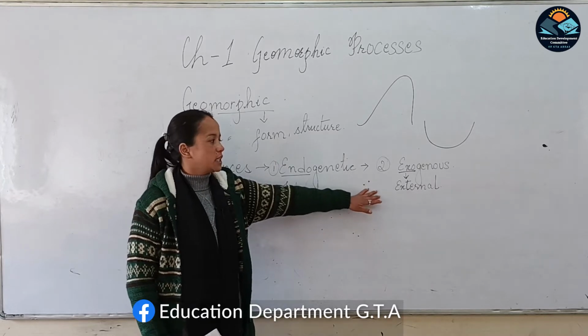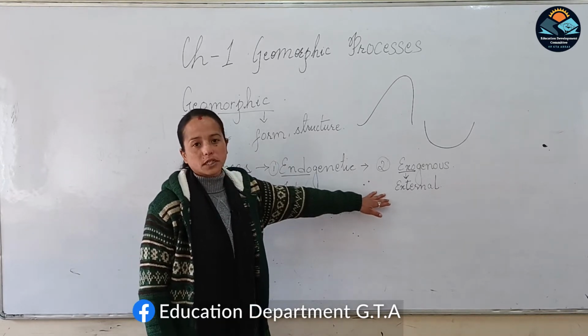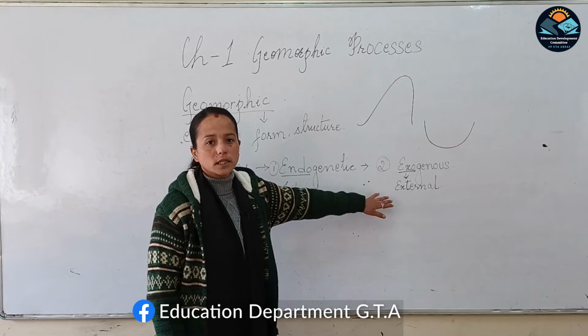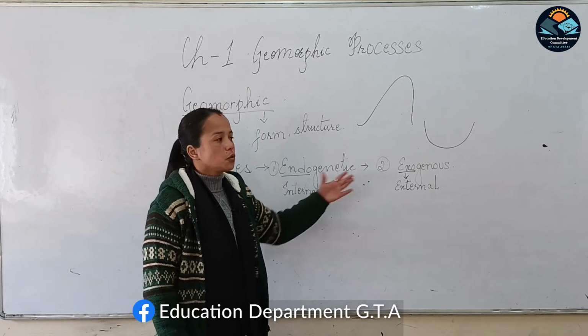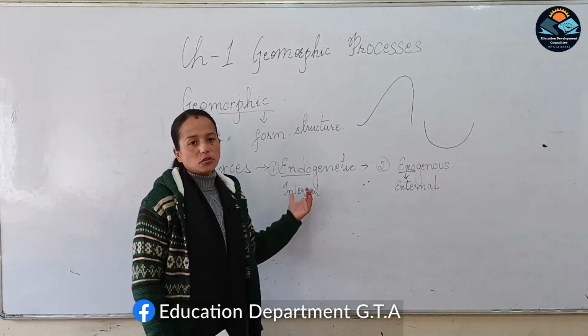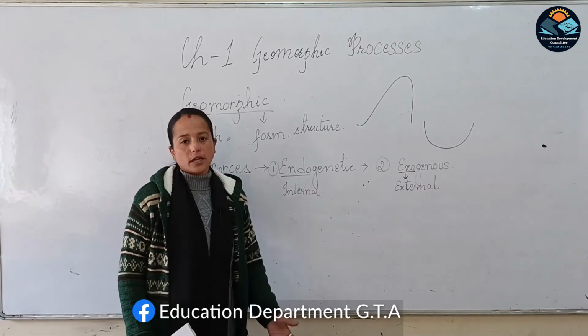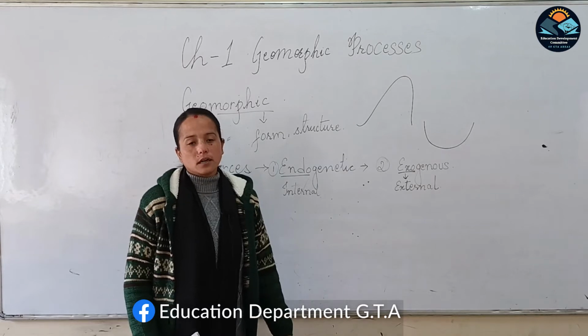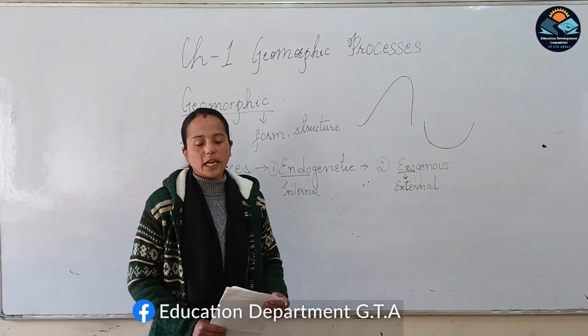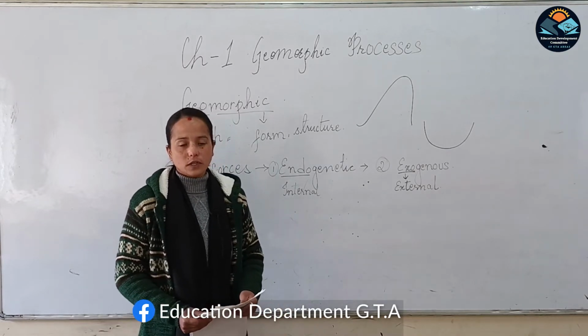The agents of exogenous forces are running water, wind, glacier, etc. Endogenous and exogenous forces work together to make the surface of the earth plain or a flat or a leveled land.